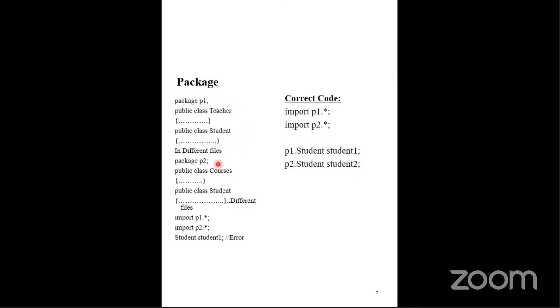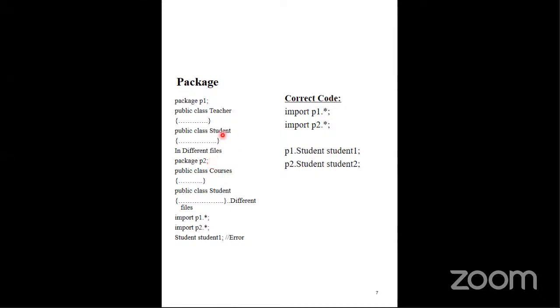Okay, now I define one more package. Let's say package P2. Public class courses, public class student. Now just observe, they are again in two different files, in a different package P2. Two different packages may have classes with the same name. What we are trying to find out is what ambiguity can occur.